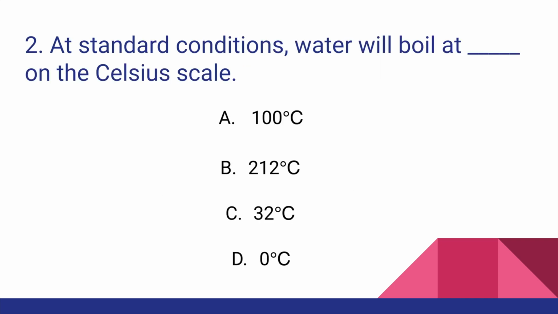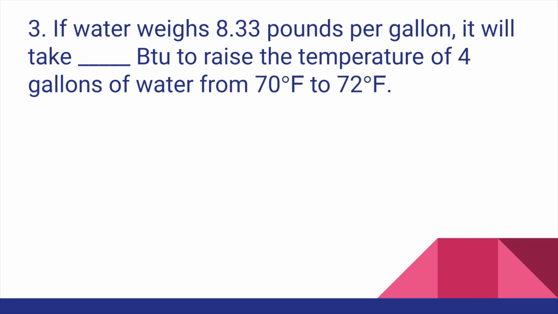Question number 2. At standard conditions, water will boil at blank of the Celsius scale. That's 100 degrees Celsius. Question number 3. If water weighs 8.33 pounds per gallon, it will take blank BTUs to raise the temperature of 4 gallons of water from 70 degrees Fahrenheit to 72 degrees Fahrenheit.